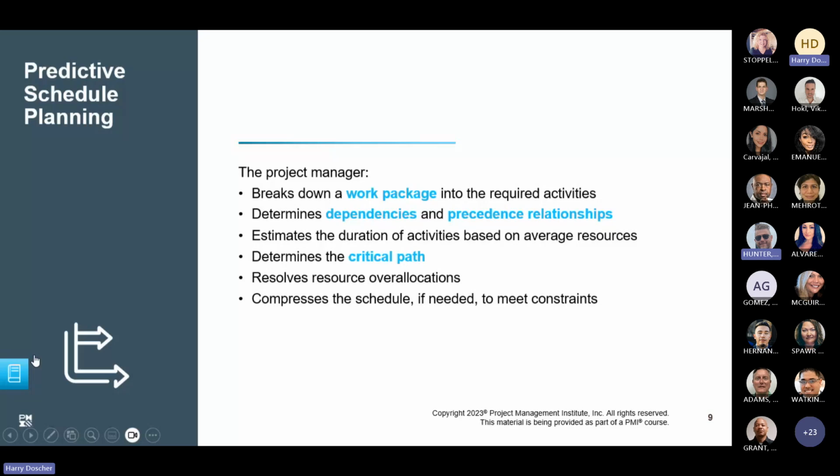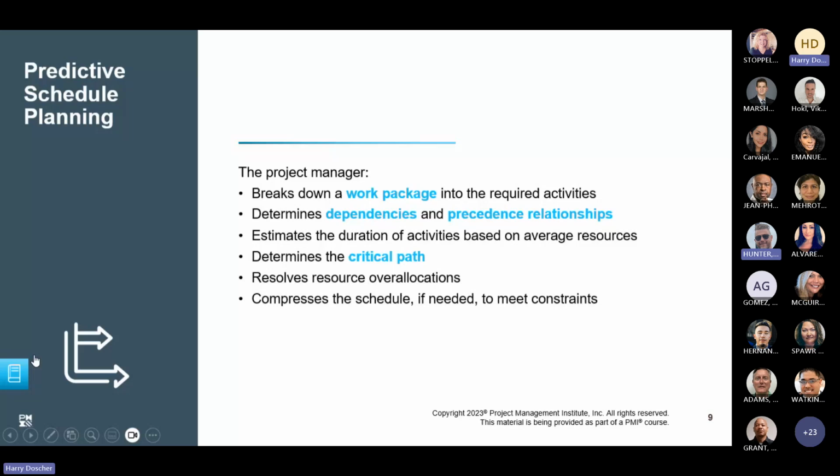So as project manager, as we talked about, you've got a lot of work to do. Breaking down a work package into required activities, determining the dependencies and the precedence relationships. And we're going to get into a lot more about precedence relationships in some subsequent slides here. Okay. You're going to have to estimate the duration of activities based on whatever you can find.